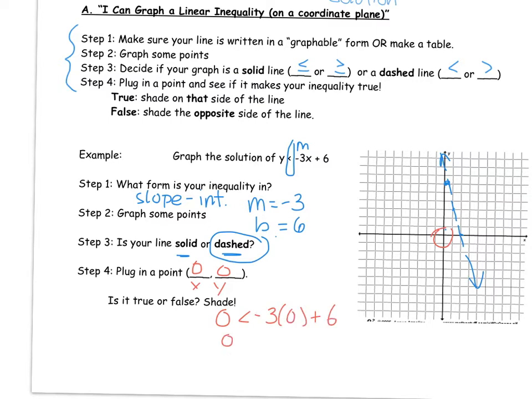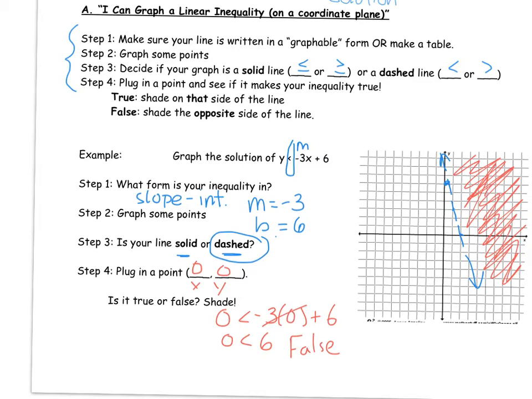That becomes 0. Is 0 less than 6? No, false. Since that's false, we shade the other side. Lovely shading. I'm going to erase this little mark because we don't need it. That's the graph of all of the possible solutions.